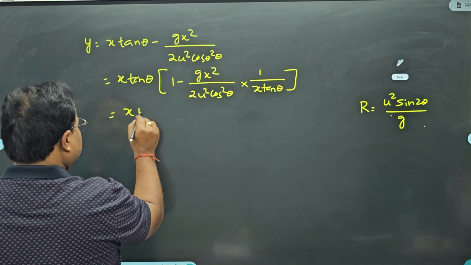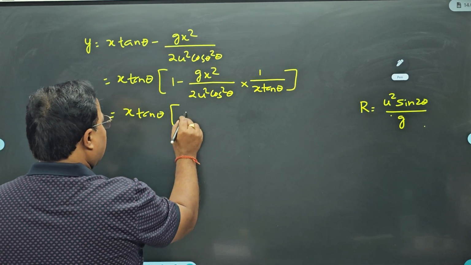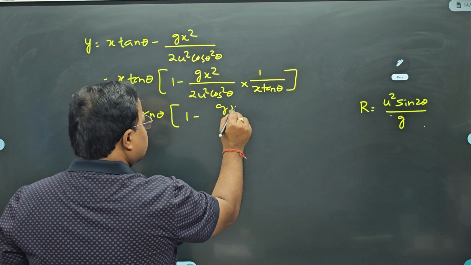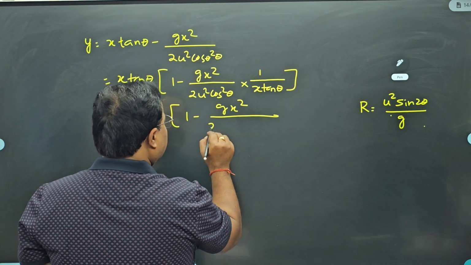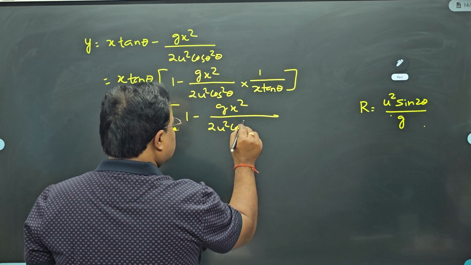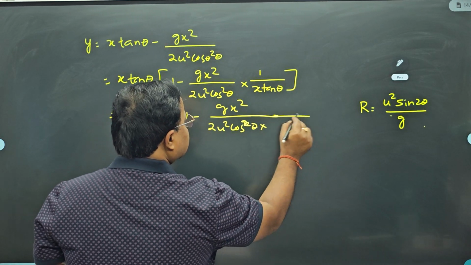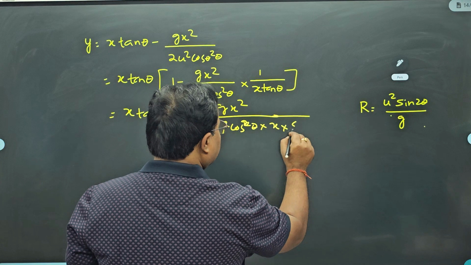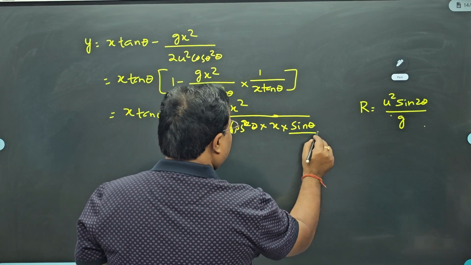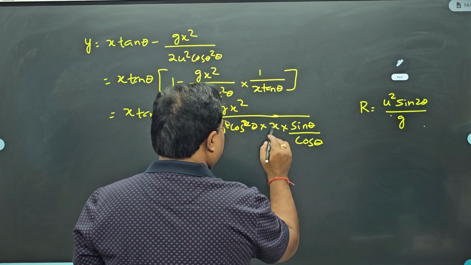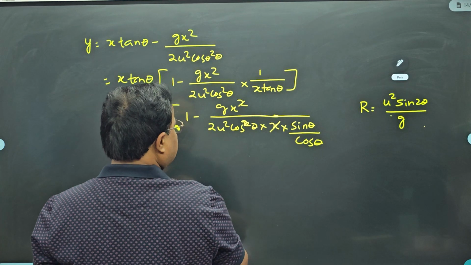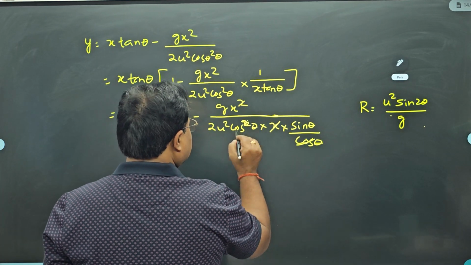What is tan theta? Tan theta is equal to sine theta by cos theta. One x gets cancelled, one cos theta gets cancelled.